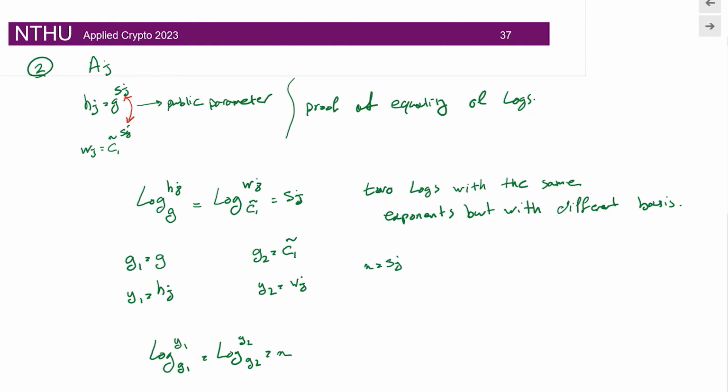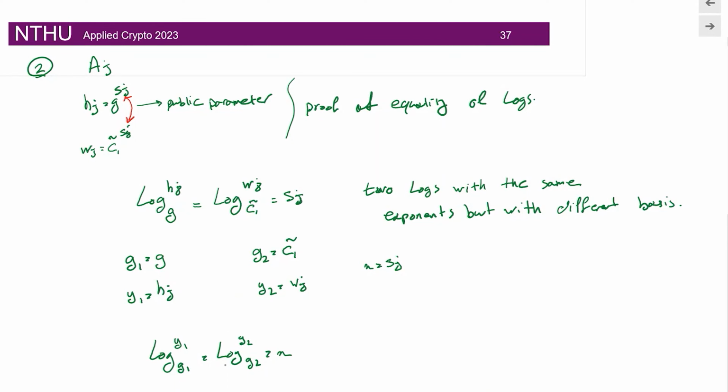So it looked like they are computing two different values with two different bases, raising them to the same exponent. So it looked like we are computing discrete logs under two different bases for the same exponent. And over here, we just changed the variable names to become a bit more generic.